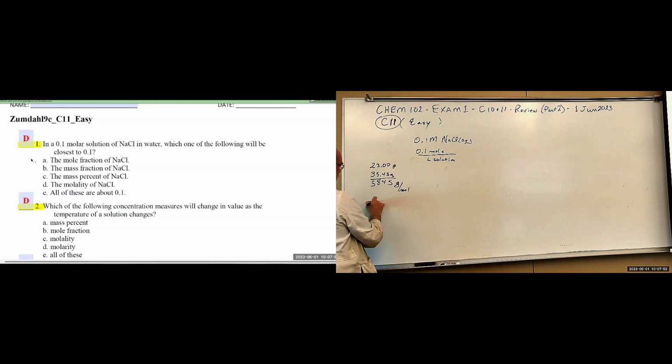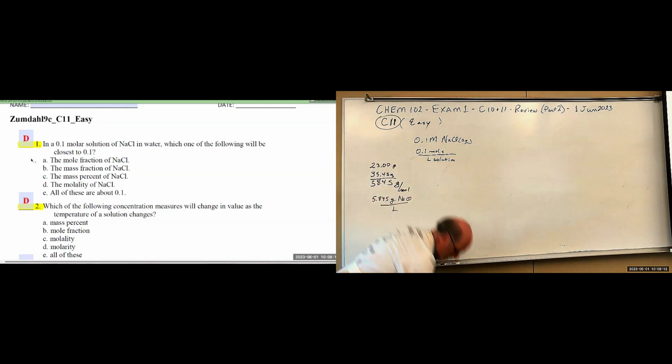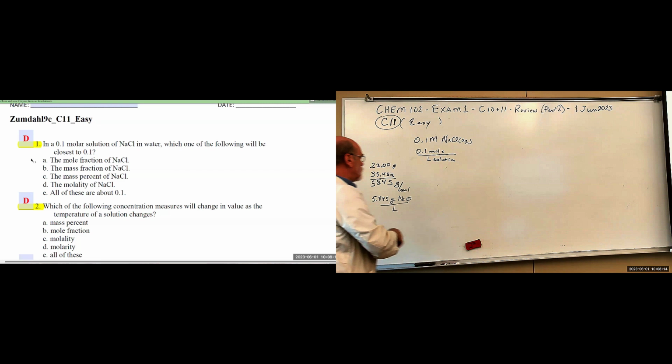So 0.1 mole is 5.845 grams per liter. That's 1/10 of a mole. The point I'm trying to make is, how much is a liter of water? Approximately 1 kilogram, right? 1,000 grams.